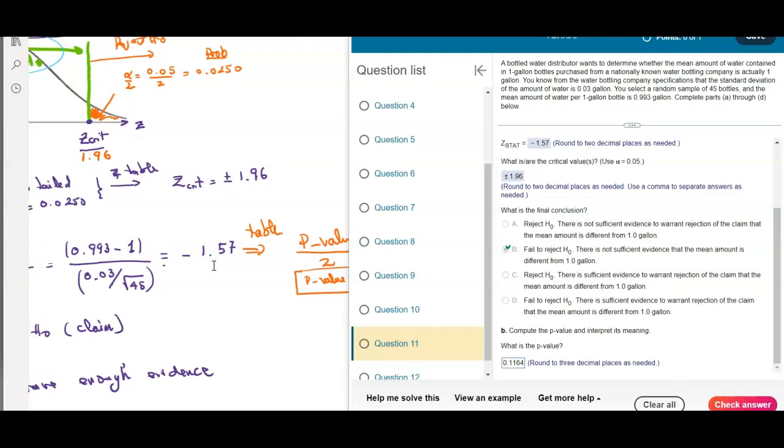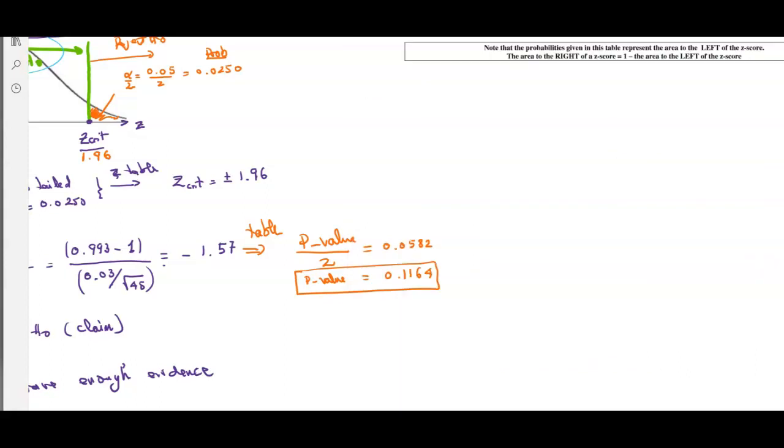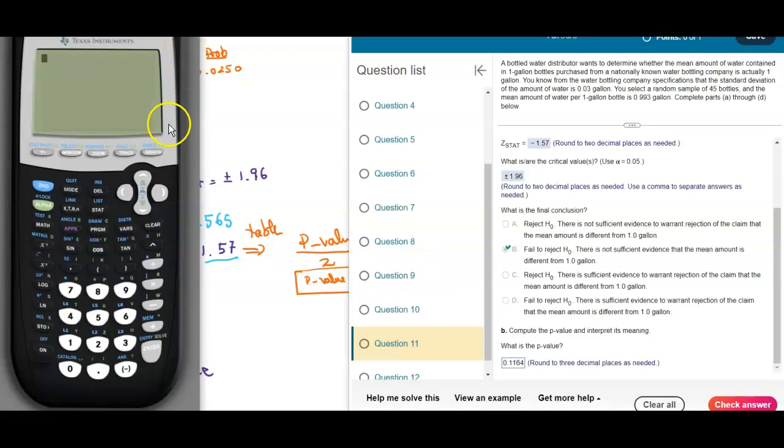If you remember, when we calculated, the number was minus 1.565. Whenever you round it, it is correct. However, this is going to make our p-value a little wrong. So I will have to show you how to do it with the calculator to avoid these small mistakes. How can I use the calculator to do this one, right?